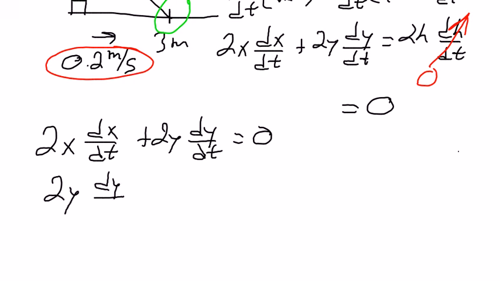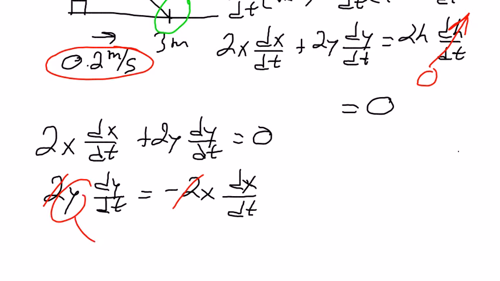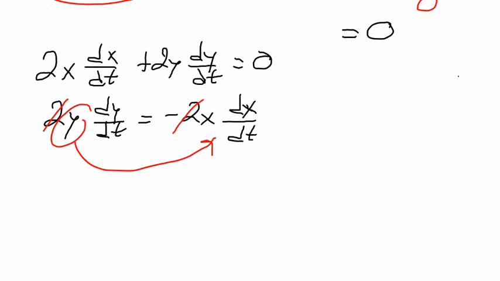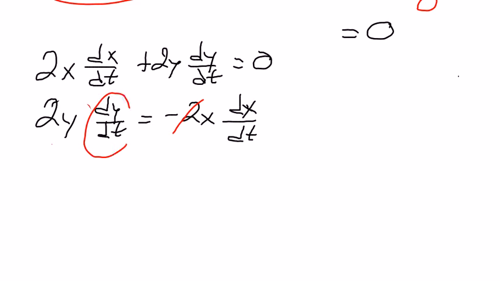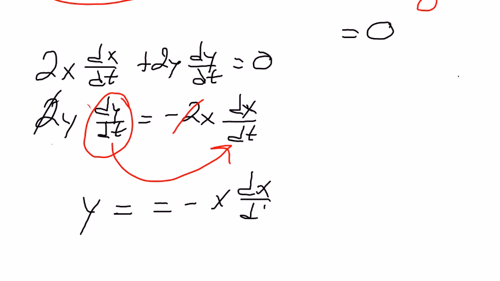So we're going to try to isolate that y component and solve for it. Those are going to cancel. We're bringing our dy/dt over to the other side and solving for y. That leaves us with y equal to negative x dx/dt over dy/dt.